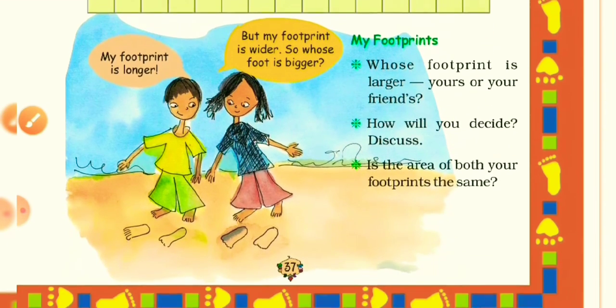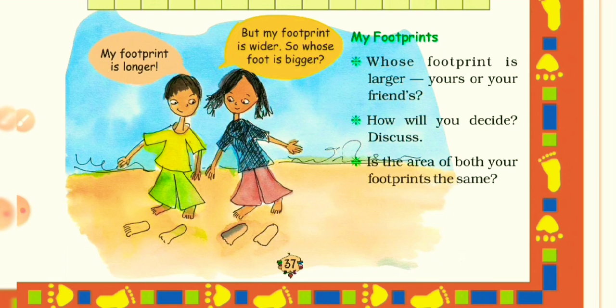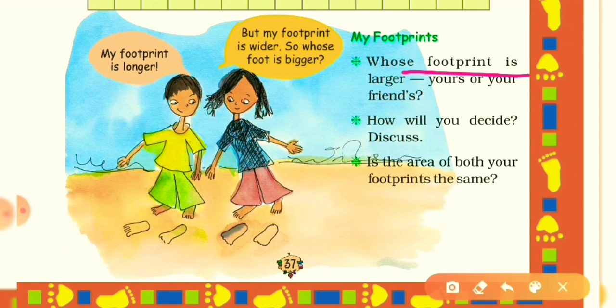Now the next question, my footprints. Whose footprint is larger, yours or your friend's? You can do this square sheet activity once again to find the area of the bigger footprint. Now second, how will you discuss?